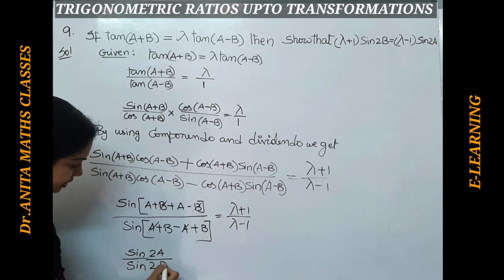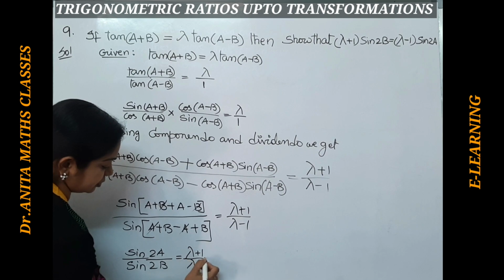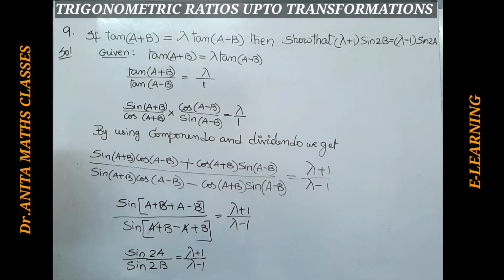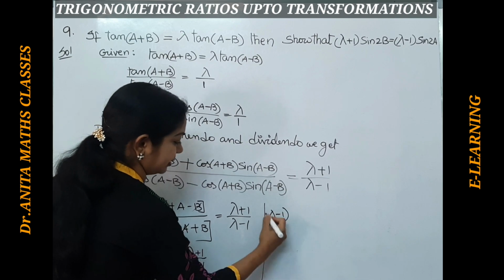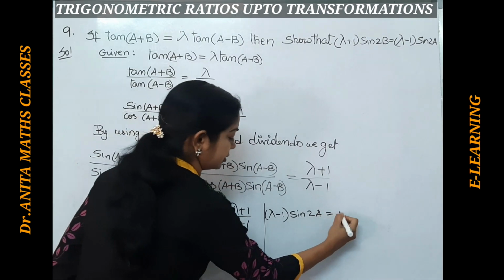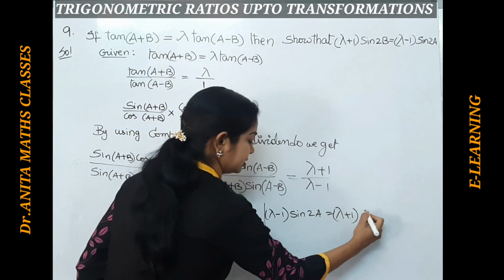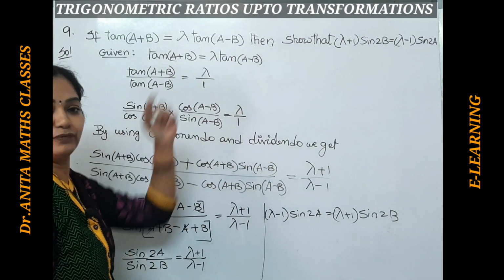So sine 2A by sine 2B equals lambda plus 1 by lambda minus 1. Here just cross multiply. So (lambda minus 1) sine of 2A is equal to (lambda plus 1) sine of 2B when you cross multiply. That is what we have to show.